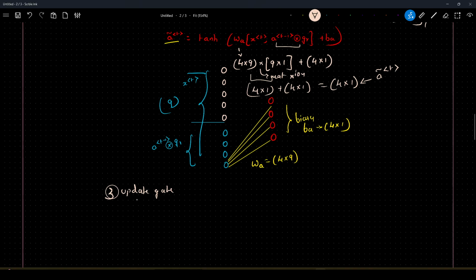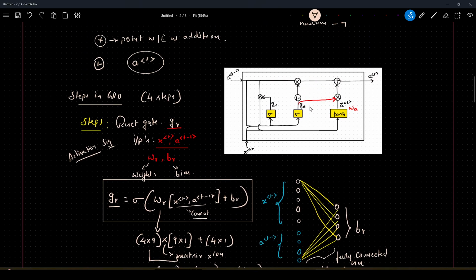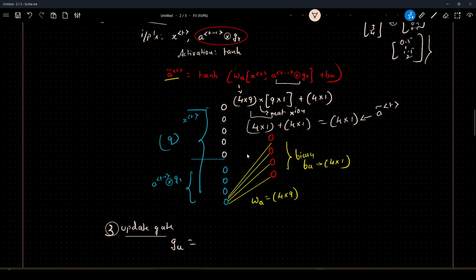So step 3 is calculating GU. Now if you look at this block again, GU is here. What are the inputs to it? It takes At minus 1 and Xt, the same inputs. The weights associated will be WU, and the bias will be BU.